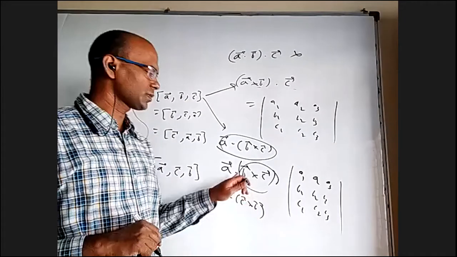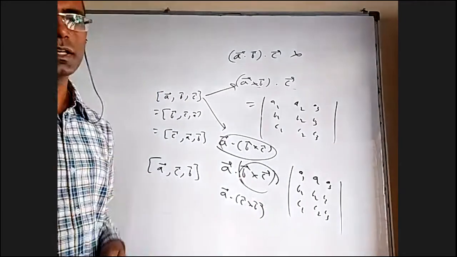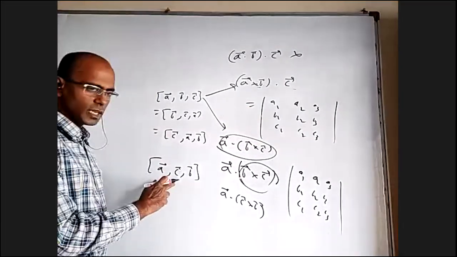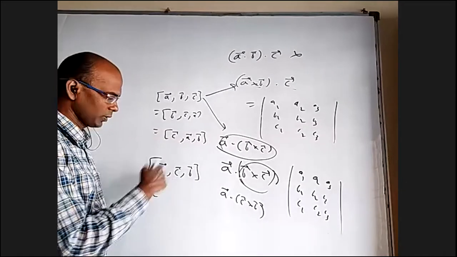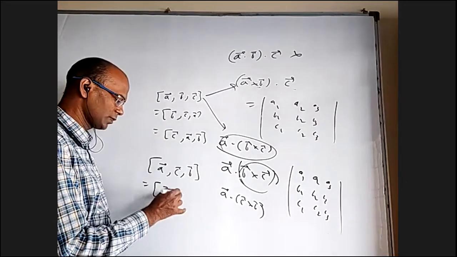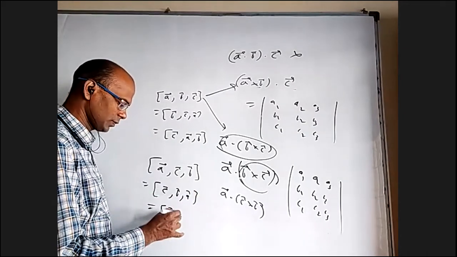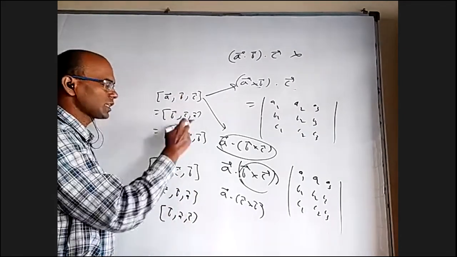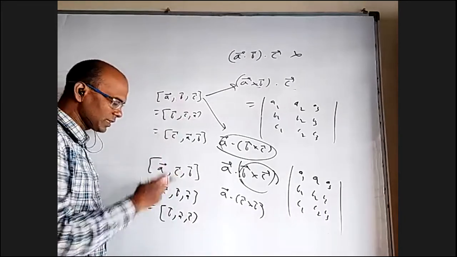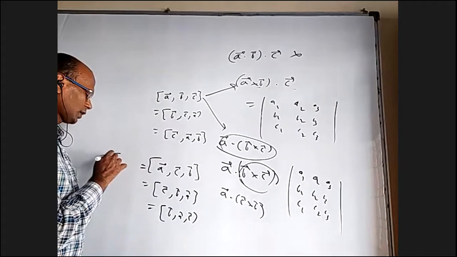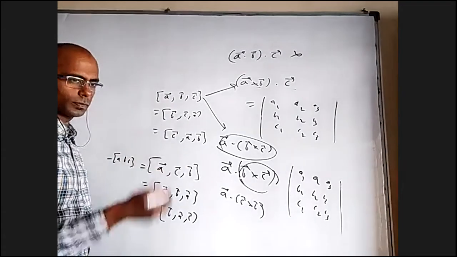Because C cross B is the negative of B cross C. Or in determinants, whenever we interchange two rows, we get a minus. And this is equivalent to its own cyclic order. For example, you bring this A here, you will get CBA. Bring this C there, you will get BAC. So these three are equal, and these three are the negative of those three.